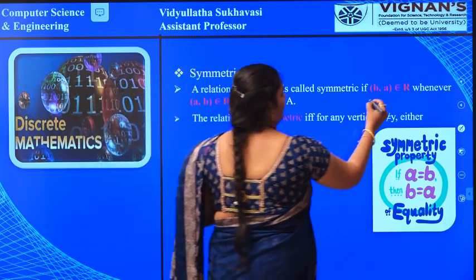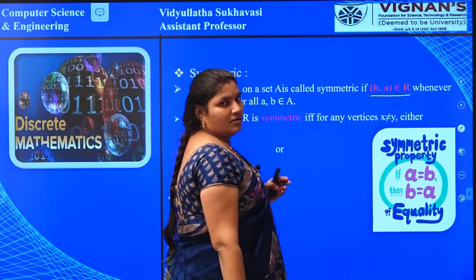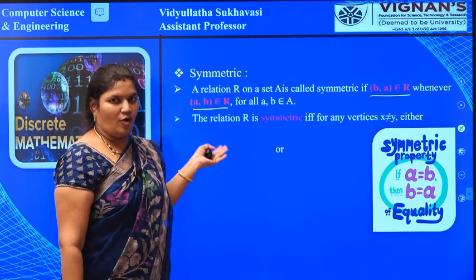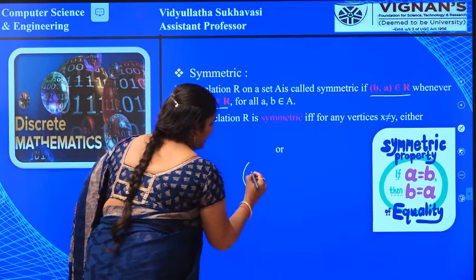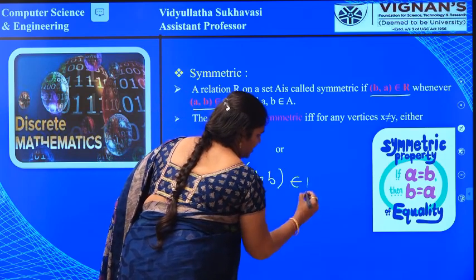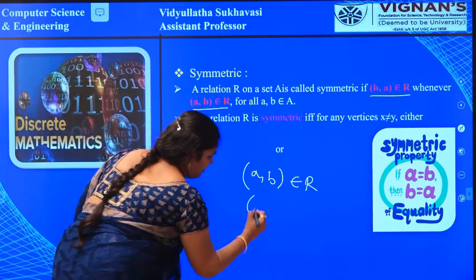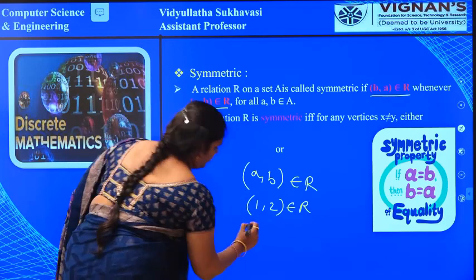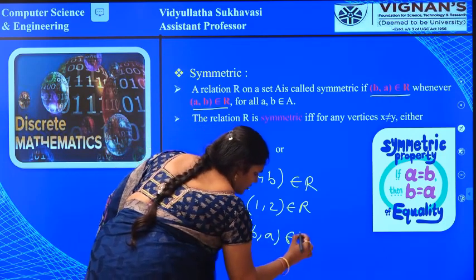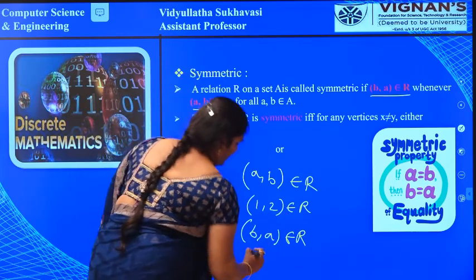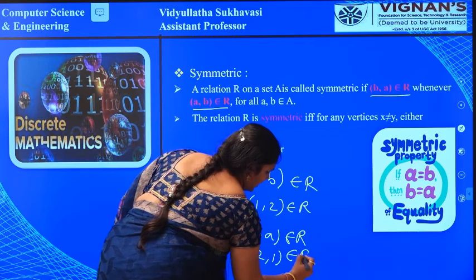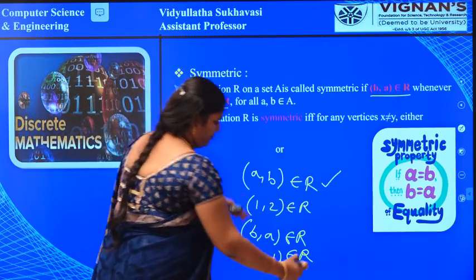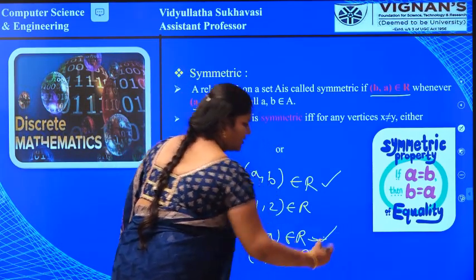If B comma A belongs to R whenever A comma B belongs to R. Suppose A comma B is in relation R. Take an example: if 1 comma 2 is in relation R, then B comma A also belongs to R. That means 2 comma 1 should also be present in the relation R. So if the condition A comma B is there, B comma A will also be there in the relation R.